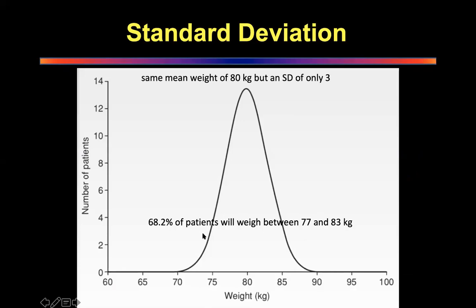And so the value has changed. When the standard deviation has changed, +1 standard deviation now moves from 75 to 85 in the 5 kilogram case, but here it has moved to 77 to 83. So the graph will change depending upon what is the mean and what is the standard deviation value that you have added to your statistics.